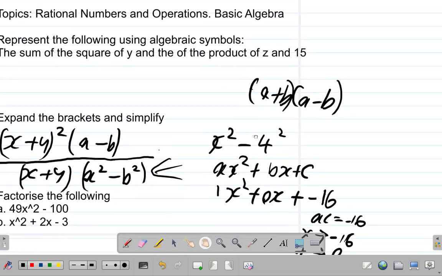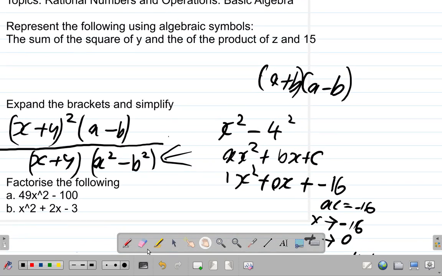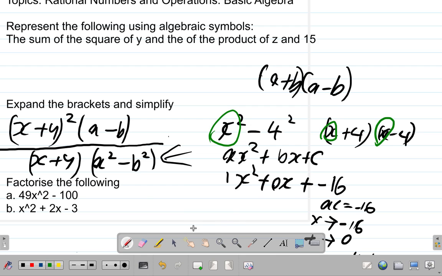If you're factorizing x squared minus 4 squared using the shortcut method, you would have x plus 4, x minus 4. Because guess what? On the left hand side you have x squared. So in the left corner of each bracket you have whatever you must square to get x squared.